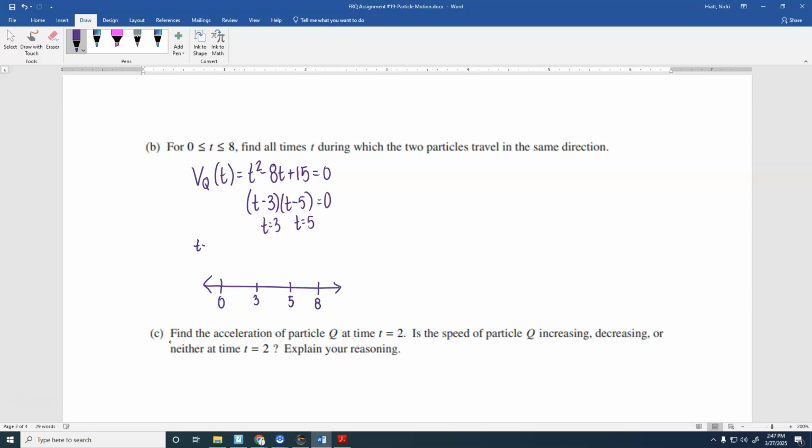But here, if you got t minus 3, t minus 5, and then v sub q of t, plug in 1, minus 3 gives us a negative. Plug in something between 3 and 5, like 4, we would get a positive, and then we get a positive right here as well. For 5, it's going to be negative, negative, positive, which gives us a positive, negative, positive here.